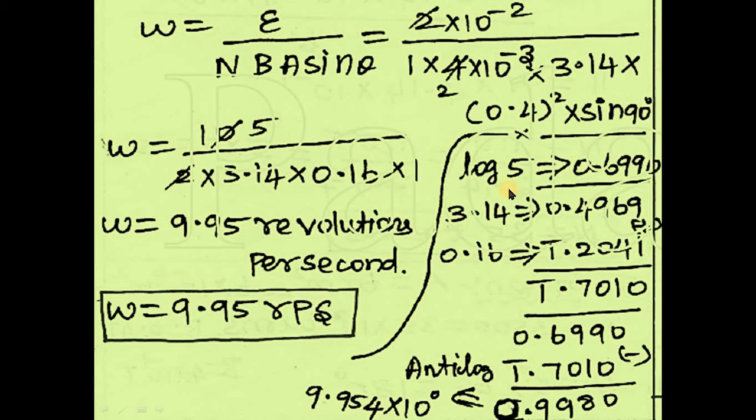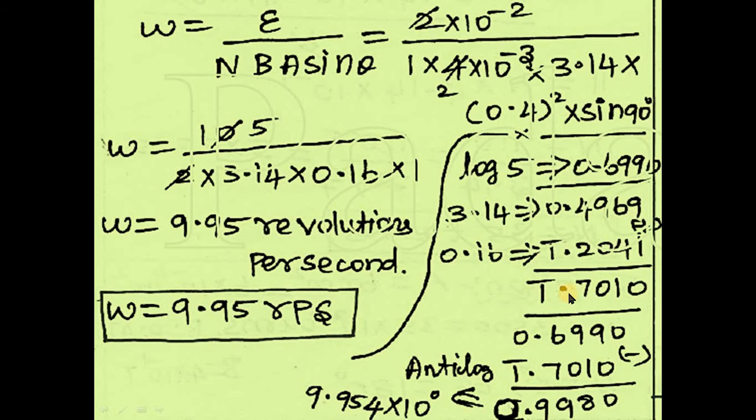Now the log values: log 5 is nothing but 0.6990. Log 3.14 is nothing but 0.4969. Log 0.16 value is bar 1.2041. Now, first of all, we should add the values for 3.14 and 0.16.